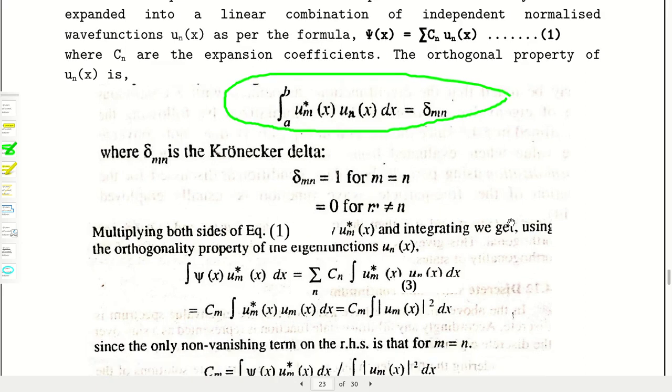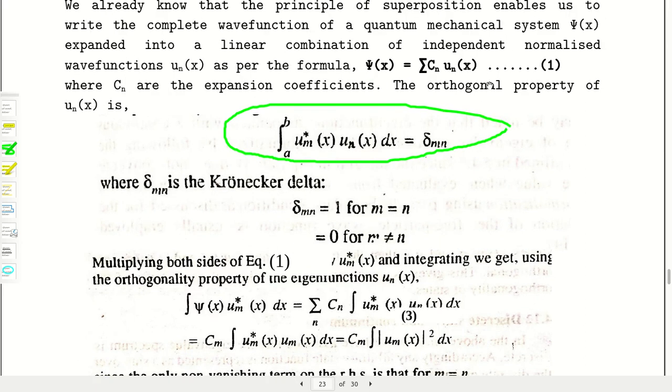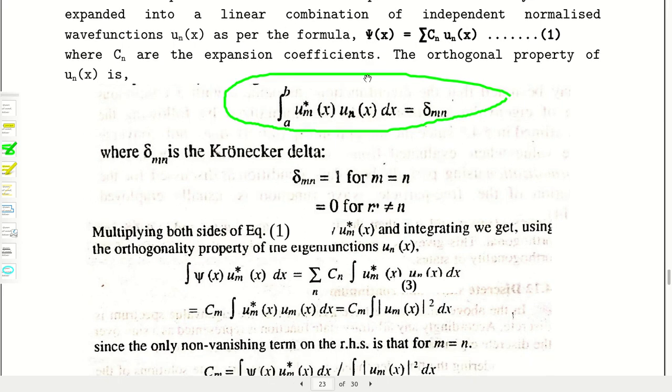Now the process is, first multiply equation number 1 with um star on both sides, and then take the integration over both sides. So the left hand side will look like this: the integral of psi and um star dx is equal to the sum over n of cn, which is constant and so comes out of the integration, then the integral of um star into un dx.